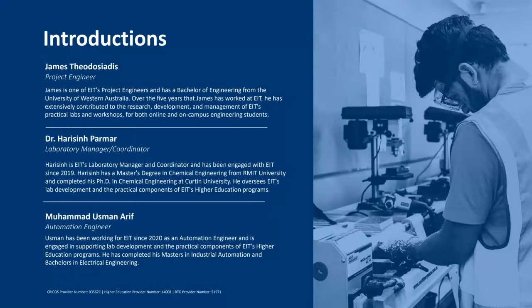And Mohammed Usman is an automation engineer, and he's been working for EIT since 2020, supporting the lab development and practical components of EIT's higher education programs. He's also completed his master's in industrial automation and bachelor's in electrical engineering.